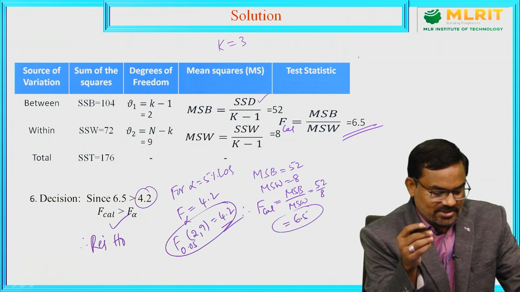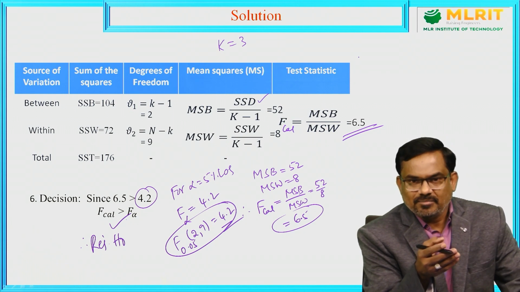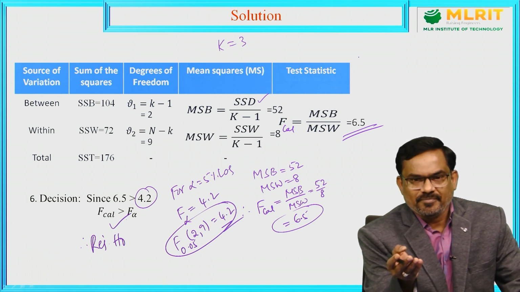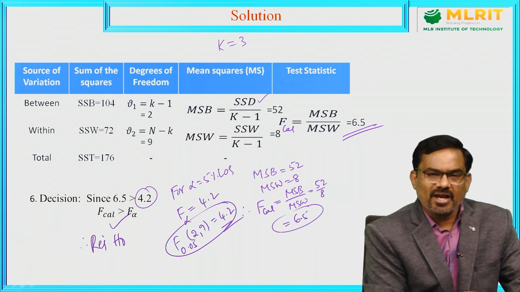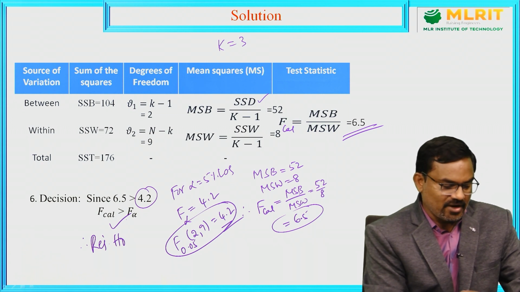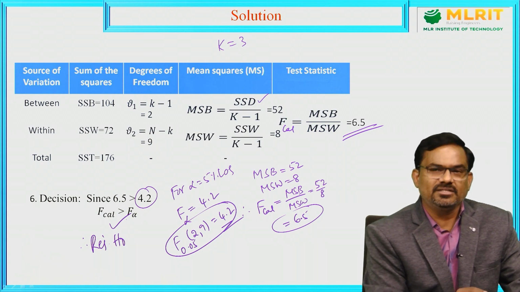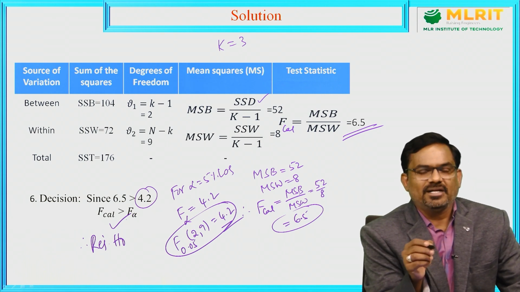Hence, using this F test, we can test whether all the population means are same or not. We take the final decision by comparing the tabular value and calculated value. Since the calculated value is more than the tabular value, we reject the null hypothesis that there is no difference between the 3 different brands of fertilizers.